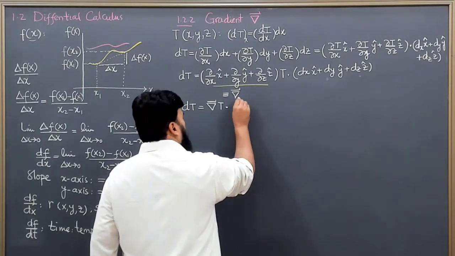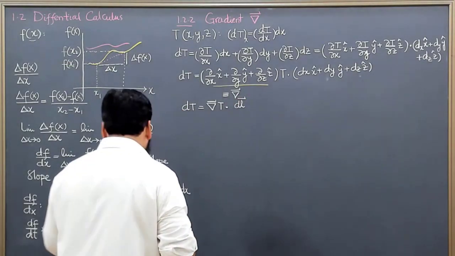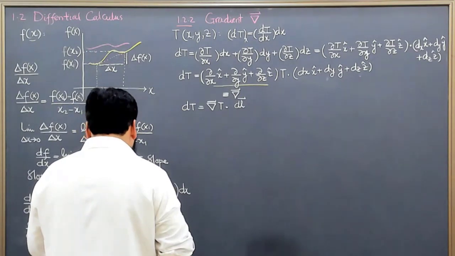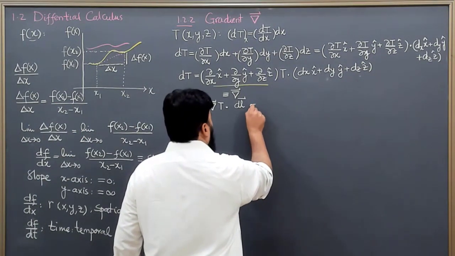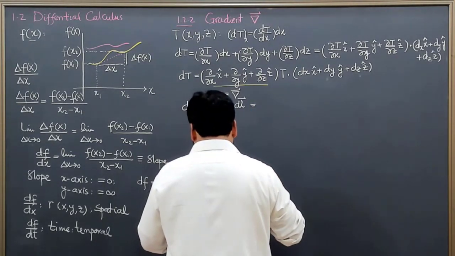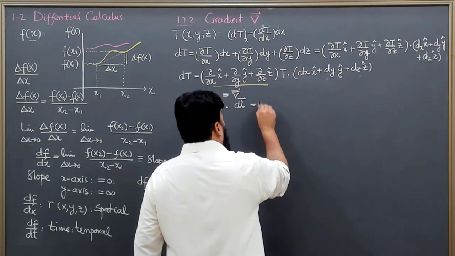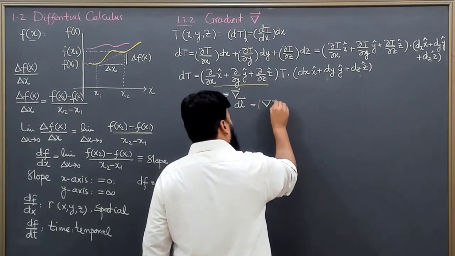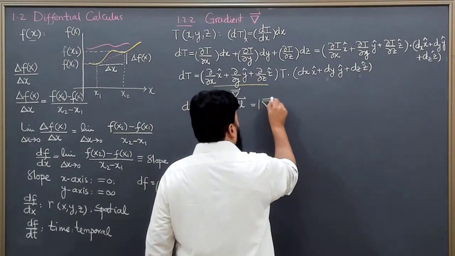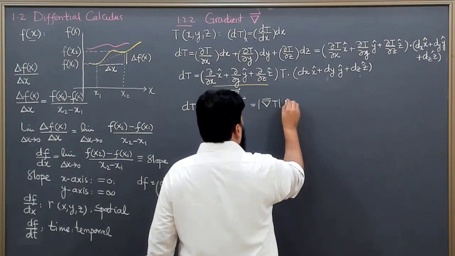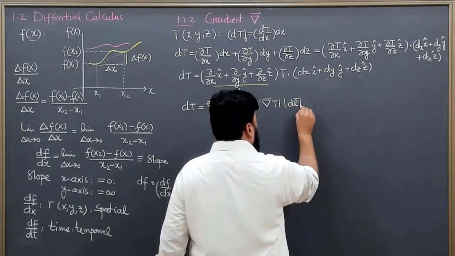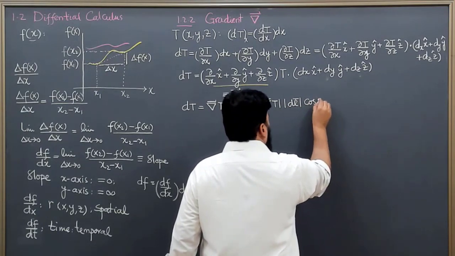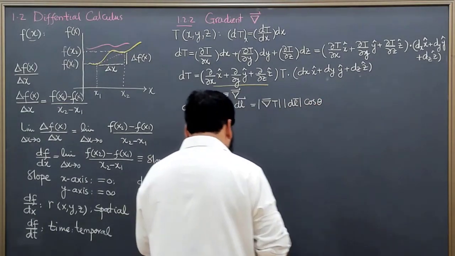This is just the length element dl here, and this I can further write as the magnitude of the gradient t and the magnitude of dl and cos of the angle between the two.